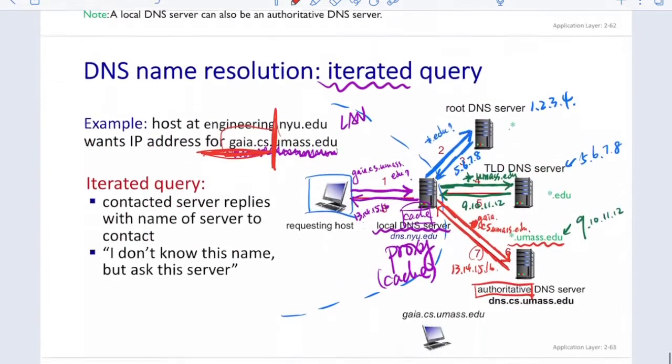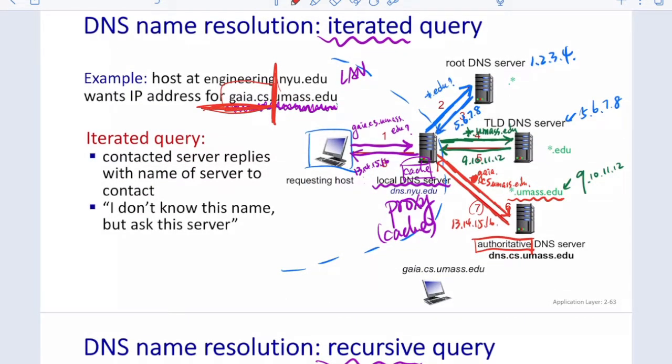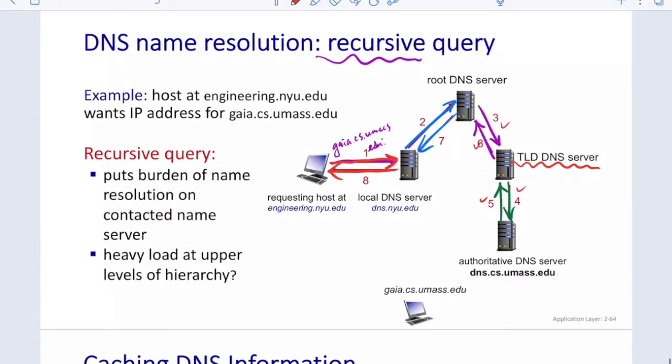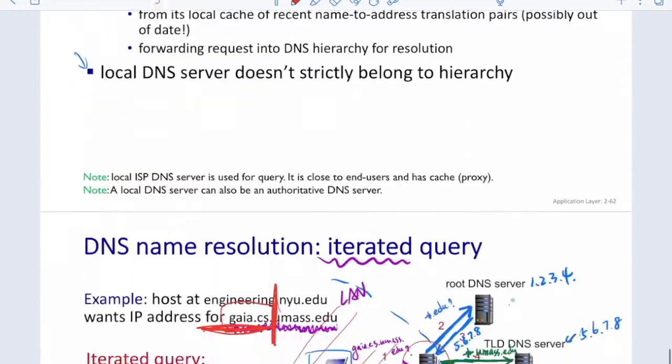But for the iterative query, all the functions rely on the local DNS server, and the local DNS server only serves people who are in the LAN. So relatively, this is not that heavily loaded. But for the recursive query, the root server, TLD server, and authoritative name server all have to participate in such processes. It's very heavily loaded. Okay, I think you can see the difference between them.